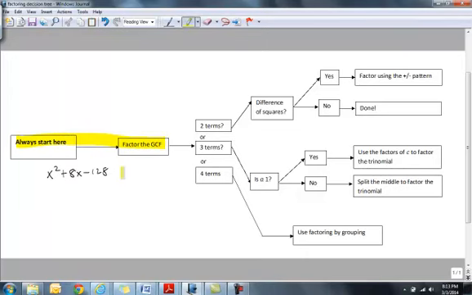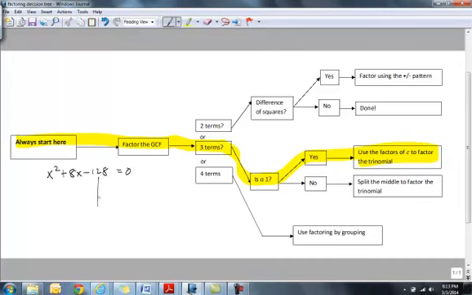Well, there isn't one. They don't all have an x. And there's nothing in common between 1, 8 and 128. 2, 3, or 4 terms? There are 3. Is A 1? A is 1. So we're going to use just the factors of C. Number's kind of big here.